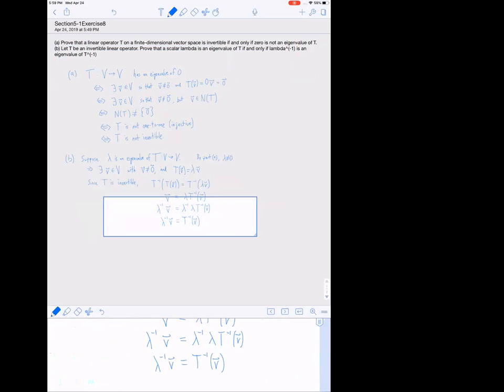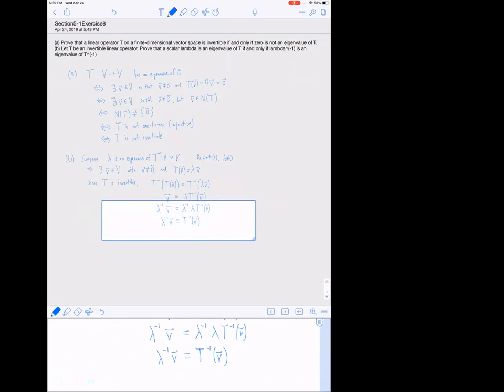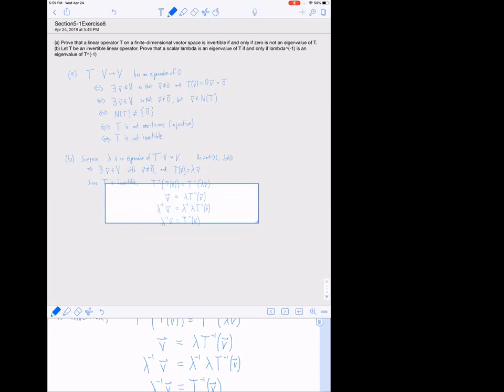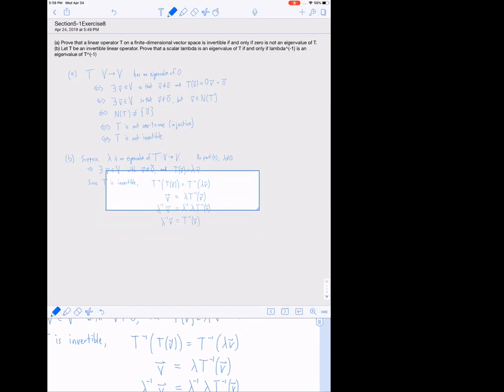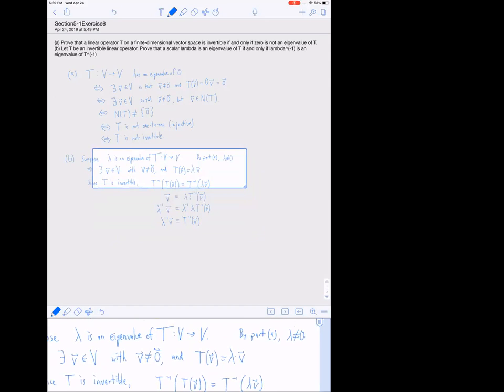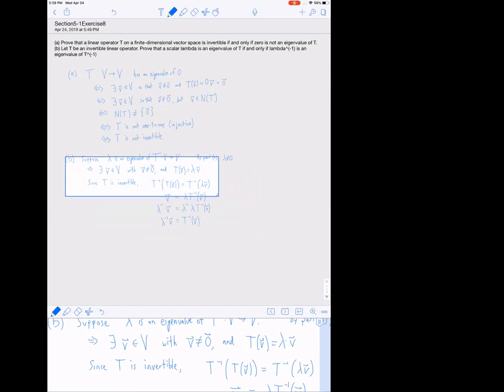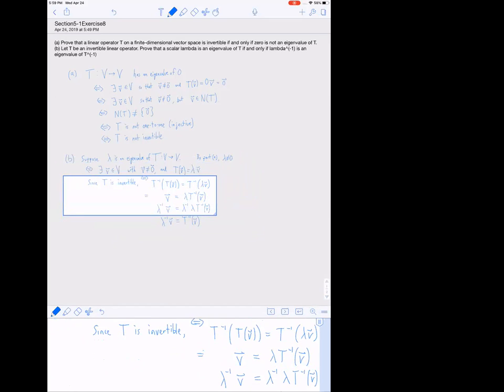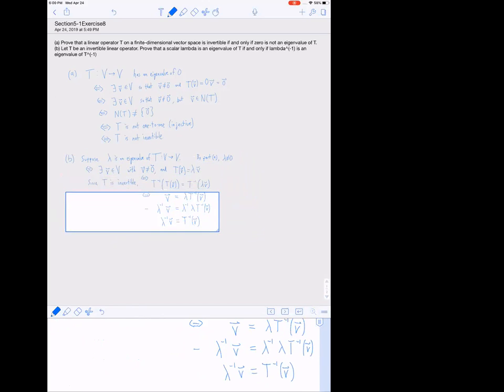If we started with lambda inverse as an eigenvalue for T inverse, as in this last step, then that would imply the previous line, which would imply the previous line, which would imply, of course, that lambda was an eigenvalue of T. So I could add an if and only if there, and an if and only if maybe here, and along each of these lines, every step is reversible. So we've in fact proven the if and only if conditions.